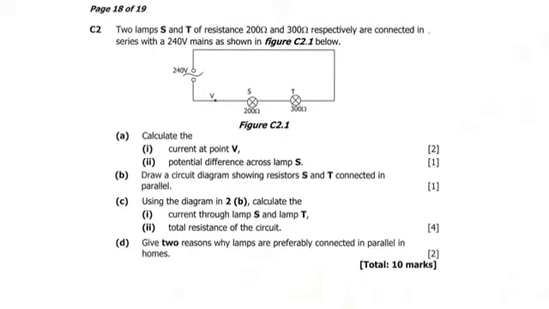C2 reads: two lamps S and T of resistance 200 ohms and 300 ohms respectively are connected in series with a 240 volts mains as shown in figure C2 below. So we are able to see the diagram playing on the screen. It is a connection in electricity.